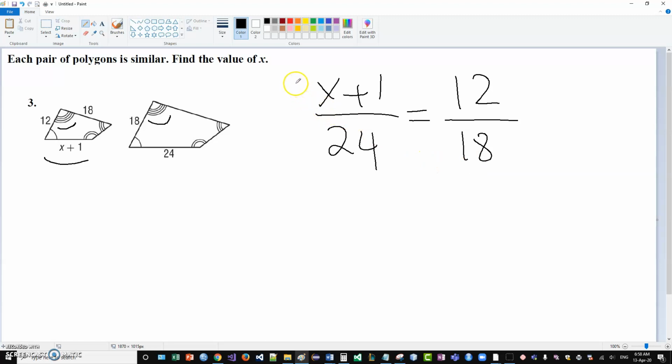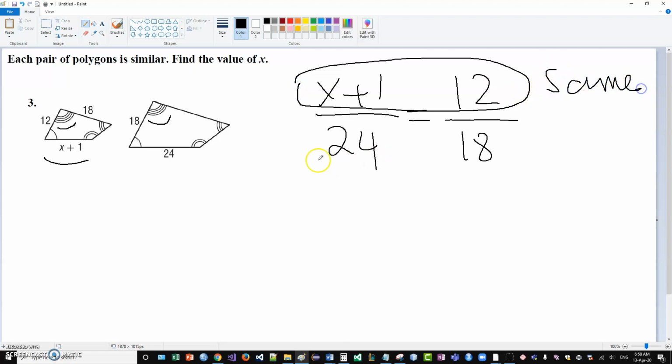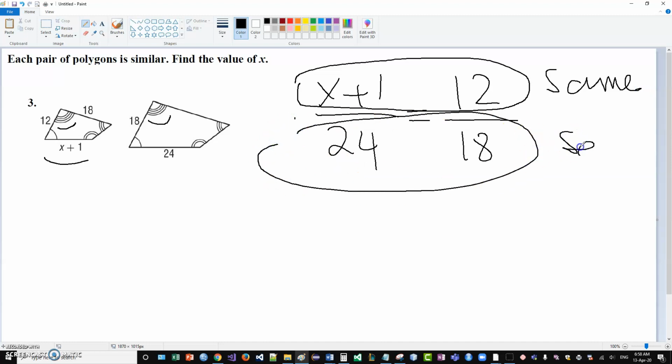These sides should be in the same polygon, and these sides should be in the same polygon. So don't switch them over.